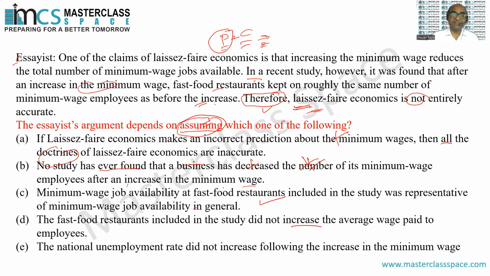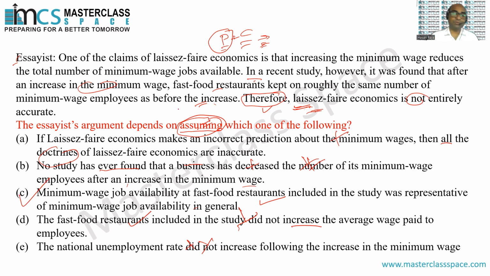It is saying increasing, it is saying not increasing. So this is called rejection of the premise. Therefore, D cannot be the answer. E: The national employment rate did not increase following the increase in the minimum wage. Out. Again, it is talking about the national employment rate, while here it is about the study of restaurants, and therefore option E out. So C is the answer.